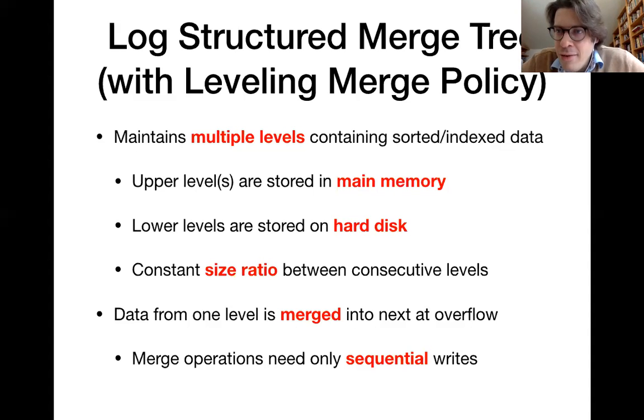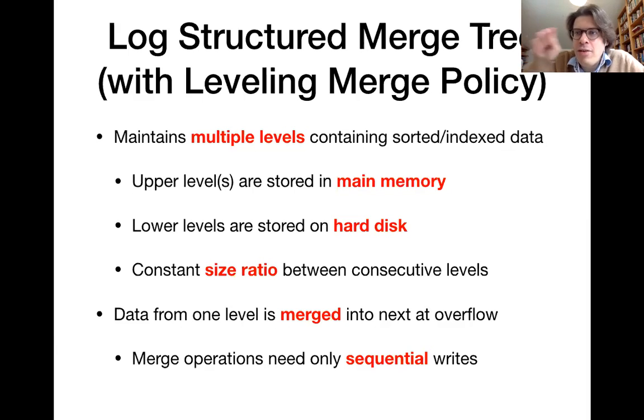The way in which we use those data structures is this. Whenever we insert data, we first insert it into the uppermost level. And then whenever one level exceeds its capacity, we take all the current content in that level and merge it into the next lower level. So those merging operations are relatively efficient because here I can write data sequentially, right?